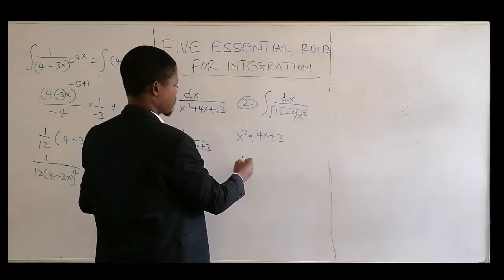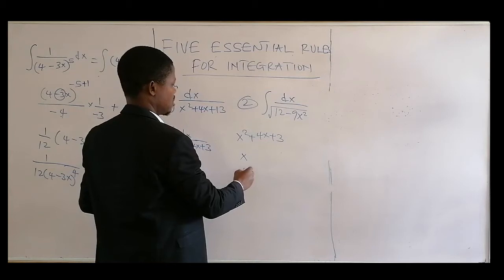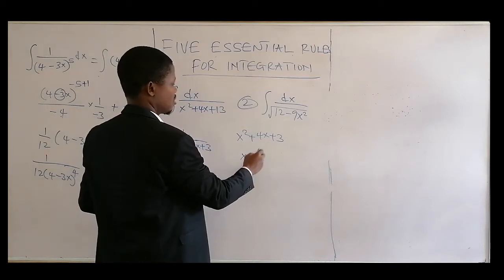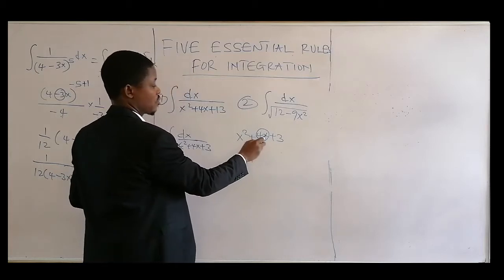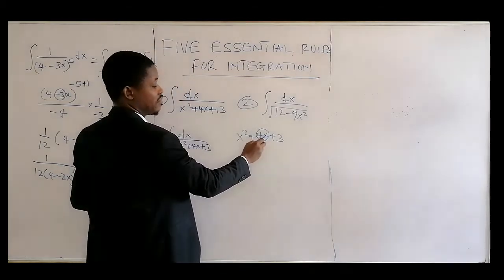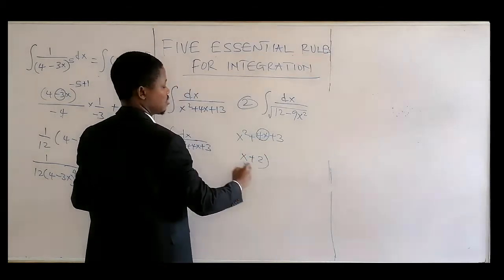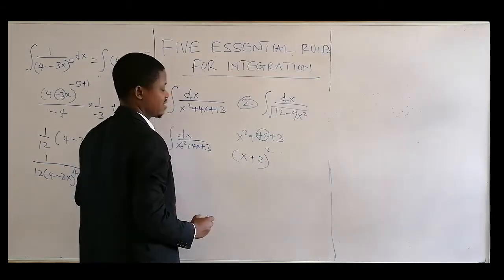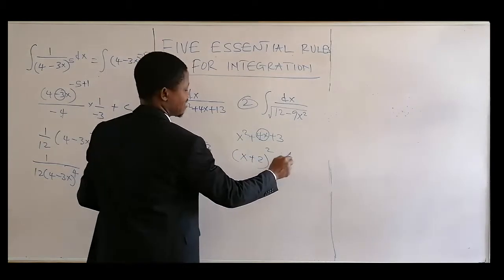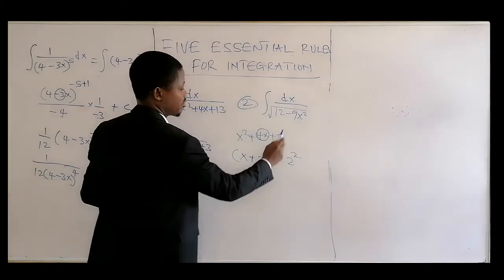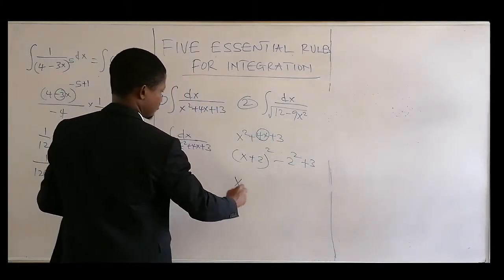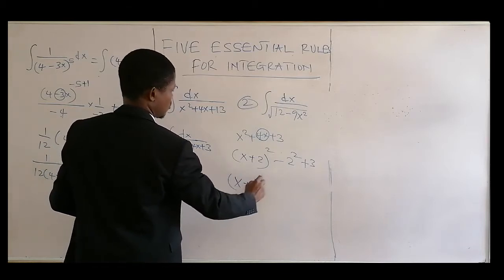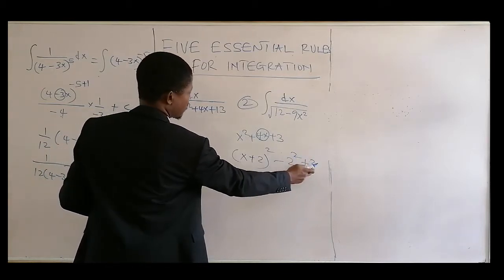You take x, then plus half of the coefficient of x, which is 2, then square it, and whatever you are adding, take it also outside. Then plus 13.